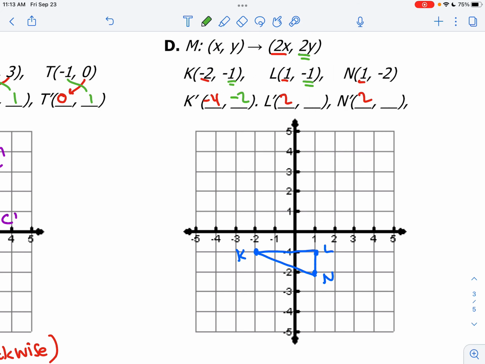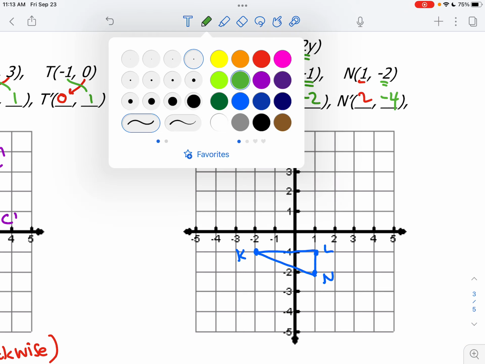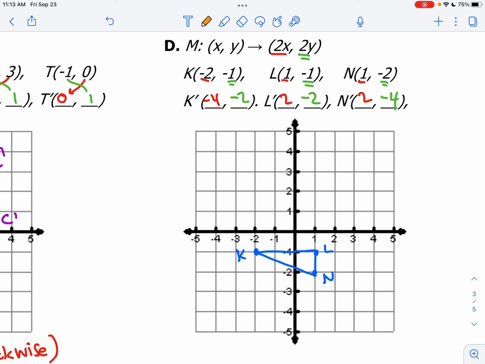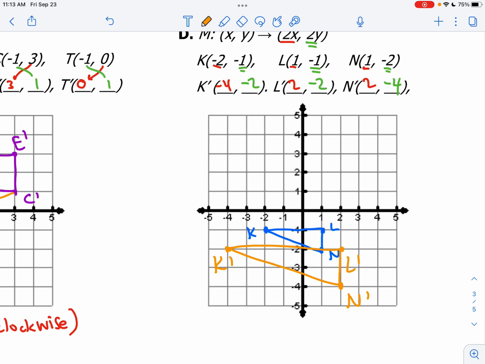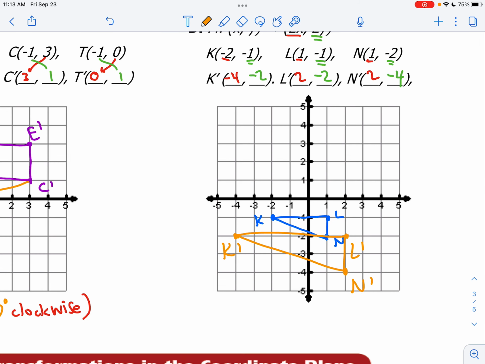Double it, double it again, and let's see what we get. So -4, -2, 2, -2, 2, -4, boom.